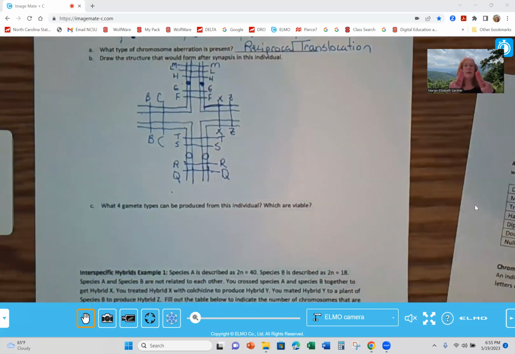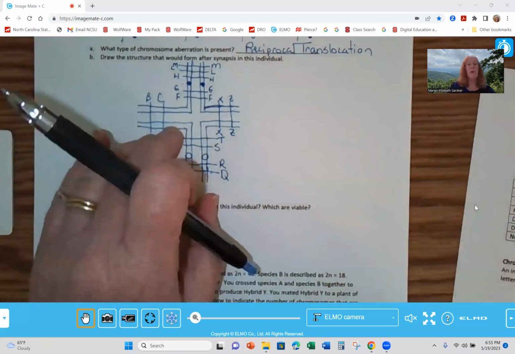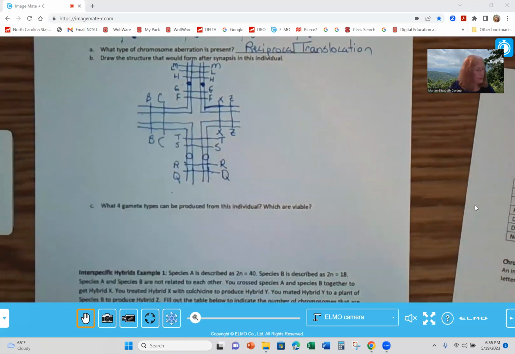Now think about meiosis, chromosome synapse. I can't make my fingers do the cross. In the first meiotic division, the homologous chromosomes separate. In the second, the centromeres split. So when I'm drawing the gametes, I'll only have one chromatid on every centromere, even though I have two right now.